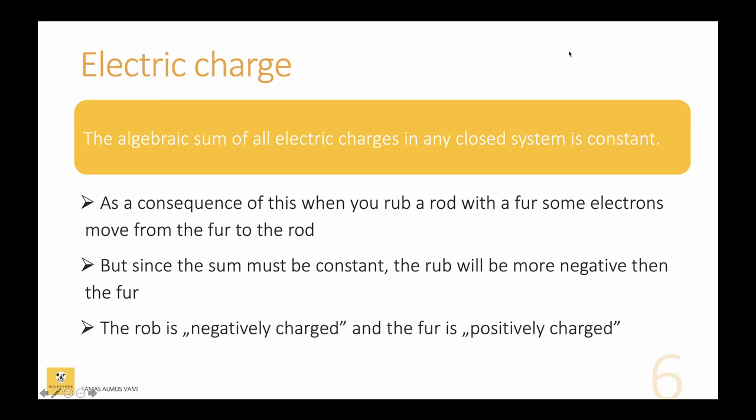So now we say that the rod is negatively charged and the fur is positively charged. It has nothing to do with electrons and positrons in this case. All of these are just about electrons, but one of them is more negatively charged than the other, and that's what we call negatively charged, and the less negatively charged is the positively charged.